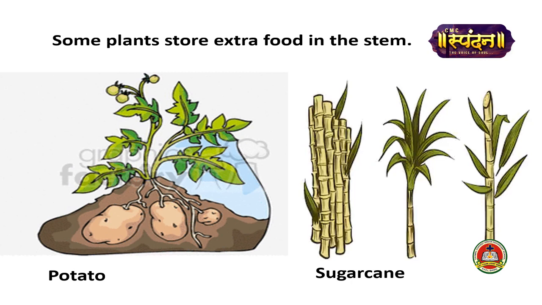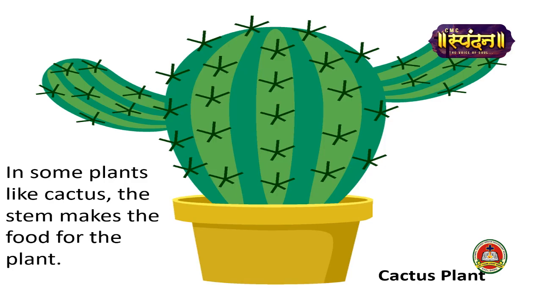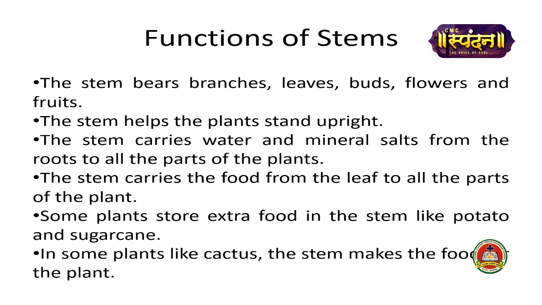So when you eat potato and sugarcane, you are actually eating the stem. Next point, in some plants, like cactus, the stem makes the food for the plant. A cactus plant does not have leaves. Its stem makes the food for the plant.